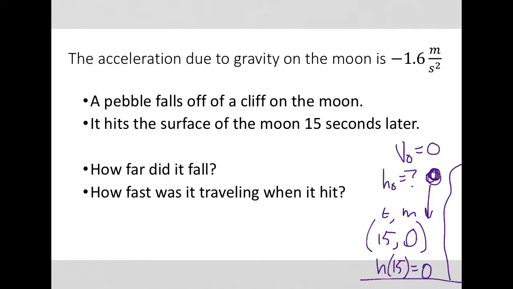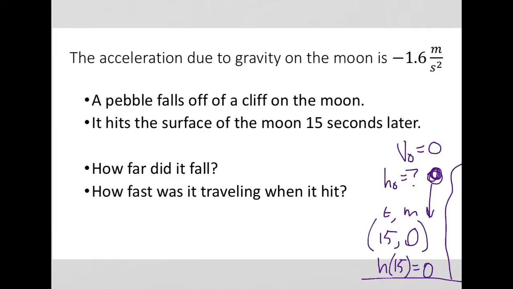So let's integrate this acceleration function, negative 1.6, and we will get our velocity function, v of t, equals negative 1.6t plus our initial velocity, which is 0, so we just get negative 1.6t.